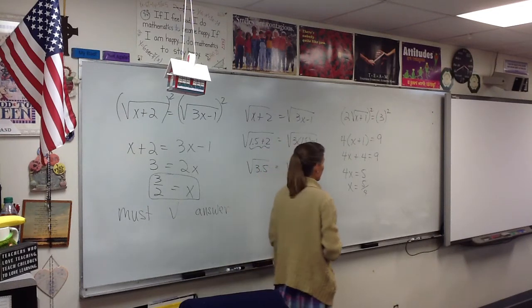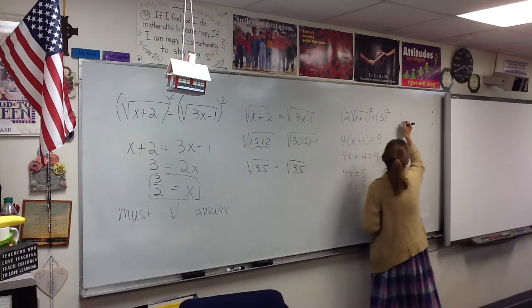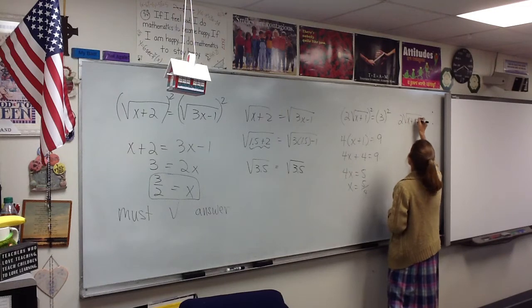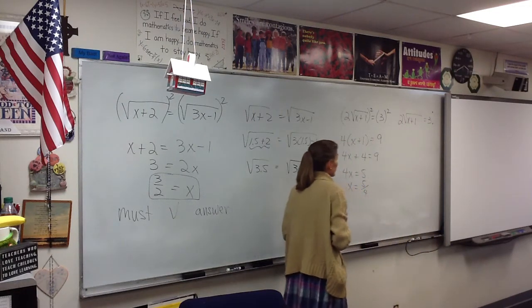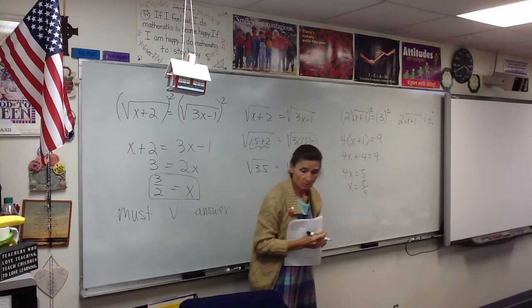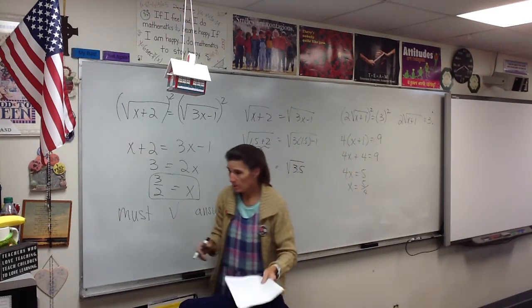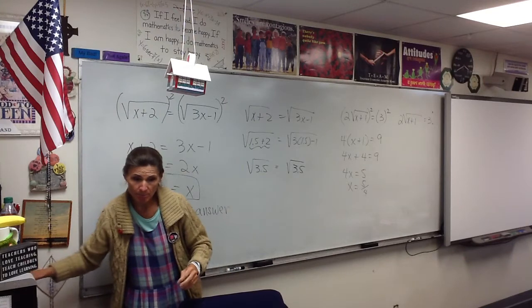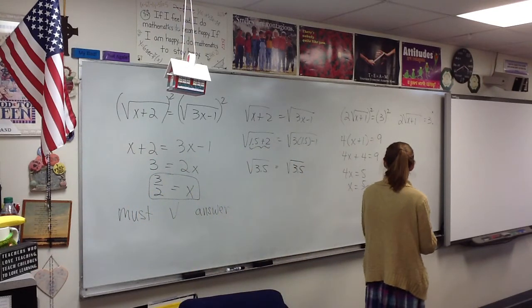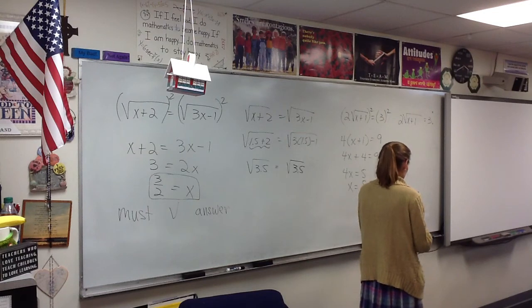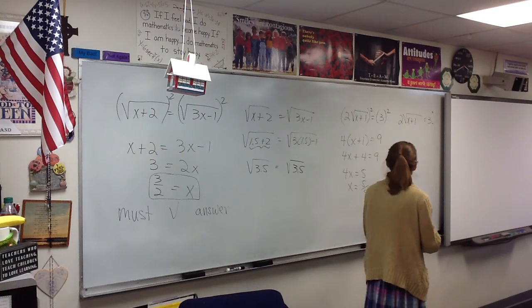Now we're going to check it. And if you have a calculator, feel free to use it. In fact, I would suggest it probably with this. I'm putting in 5/4.